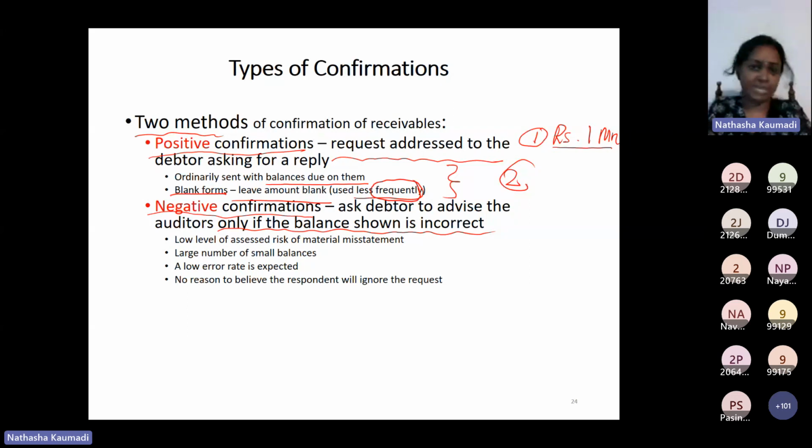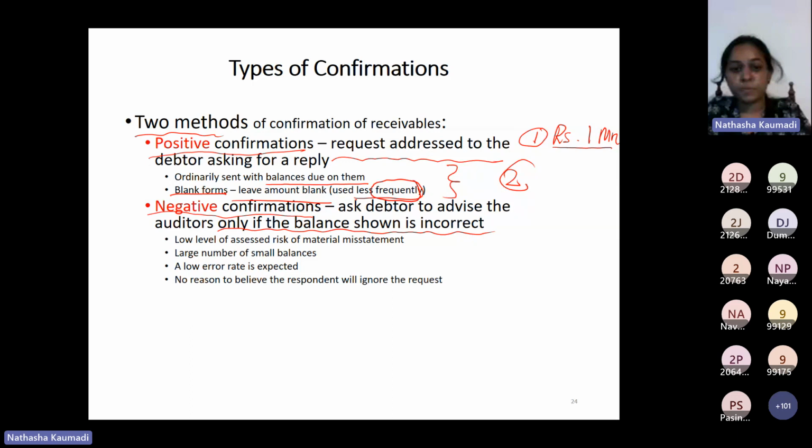That is the case. So, low level of assessed risk of material misstatement. You will use negative confirmation if the risk of material misstatement is very low. Basically, you don't have to rely on confirmation. In practice in Sri Lanka, what will happen? Negative confirmations won't work much, right?